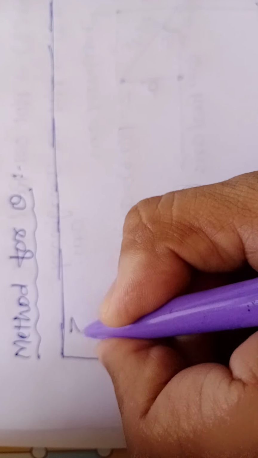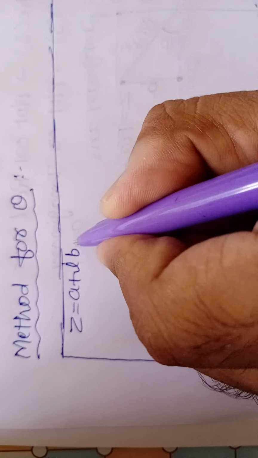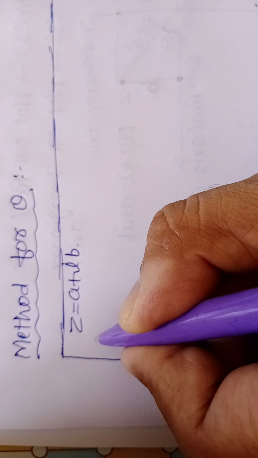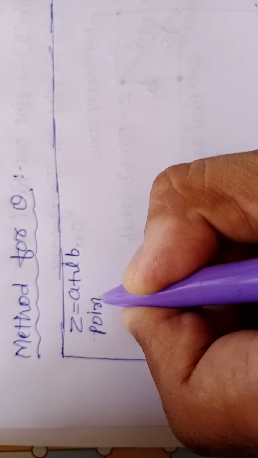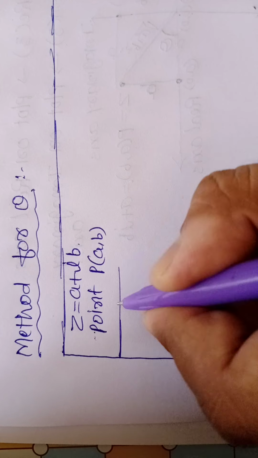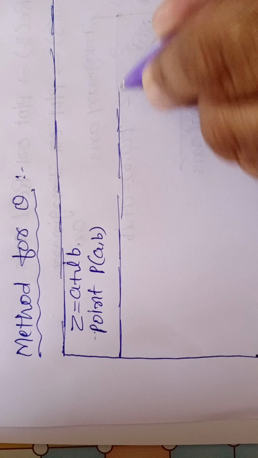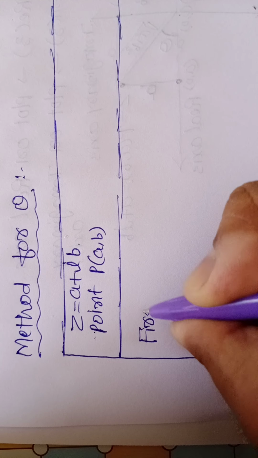A complex number z equals a plus ib represents a point, you know that, which is point P(a, b). Remember that in which quadrant this point P(a, b) lies, that is important. Suppose this point is in the first quadrant.